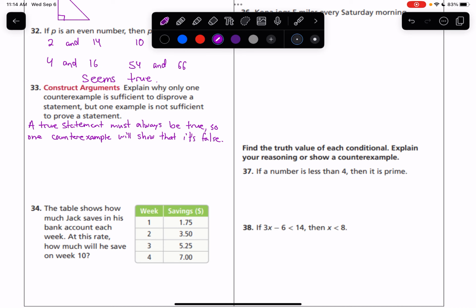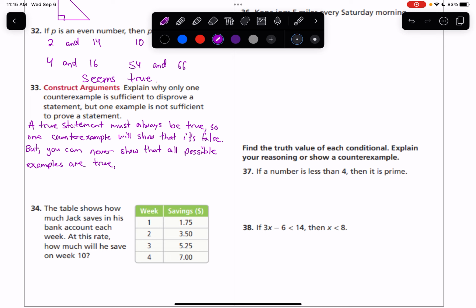But you can't ever show that all the possible examples are true. So we'll write that. But you can never show that all the possible examples are true.